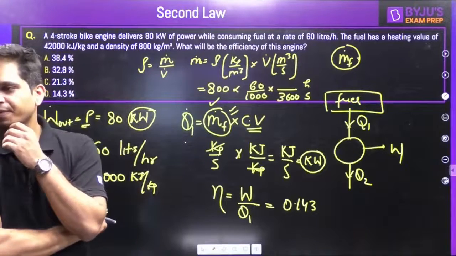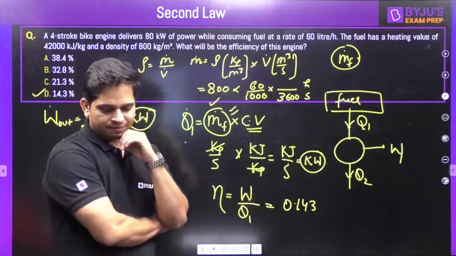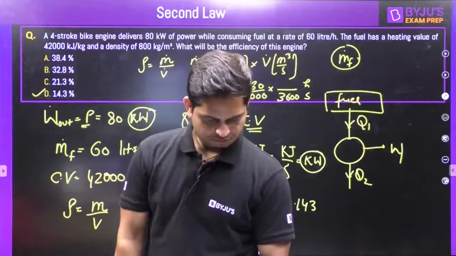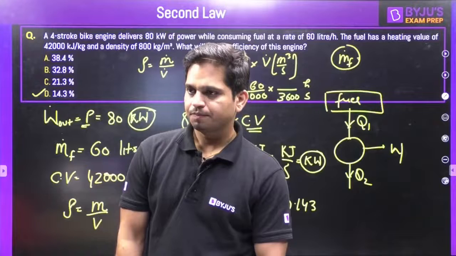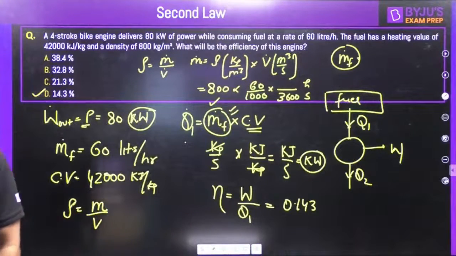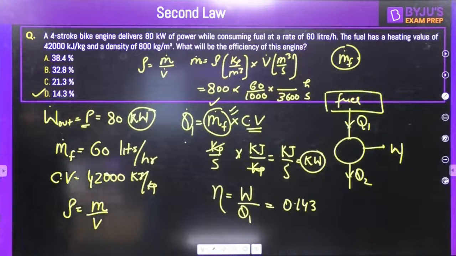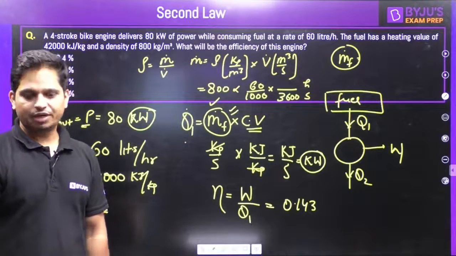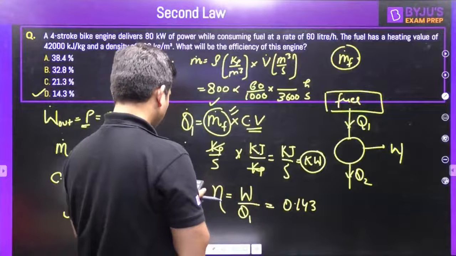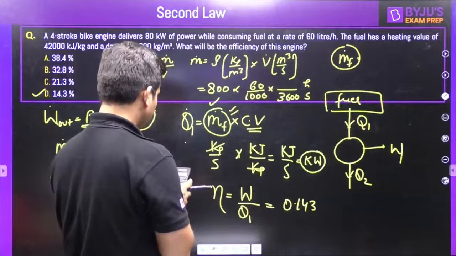Okay, so let's move ahead then. What is this? 1 by 75 kg per second. 800 into 60.